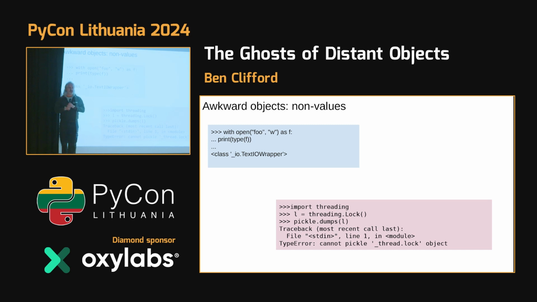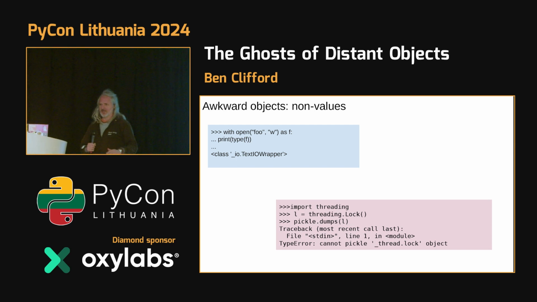That's also a thing that doesn't contain a value. A lock object represents the dynamic state of the execution of your concurrent program rather than a value, right? So it doesn't make sense to pickle it. If you try and pickle it, it will say, I can't do that. That's fine, because you probably wouldn't want to, because it doesn't make sense.